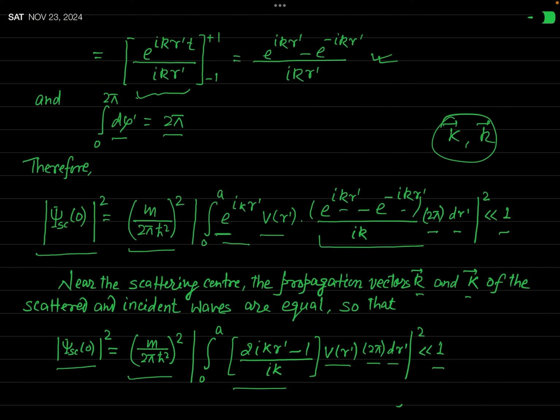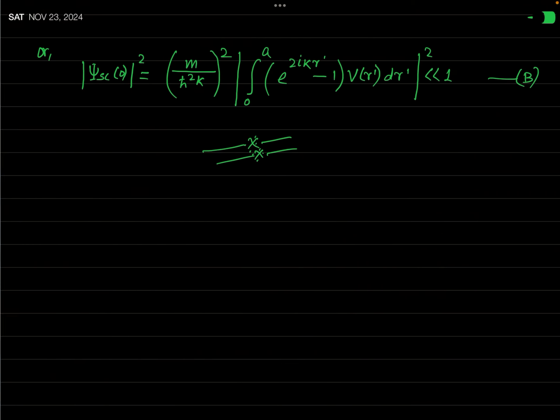Now let us take this 2 pi whole square outside of the integral. Then this 2 pi will cancel out. And we will also bring this k outside, and i square will be minus 1, and when you take the modulus, that will be plus 1.